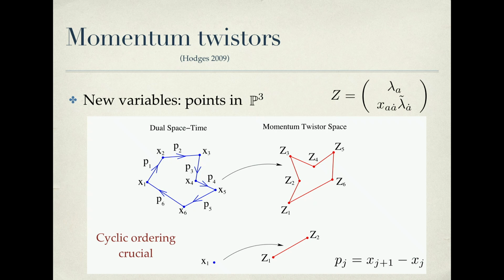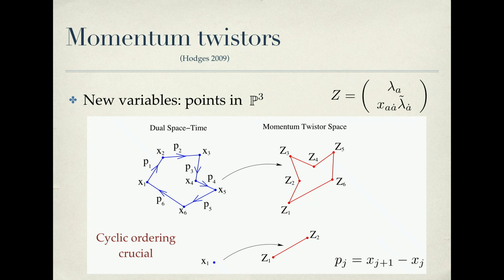And I can go from this picture to the so-called momentum twistor picture, when I take the same kinematical information and package it in a different way. So this is the precise definition. I take a 4-component vector where the first 2 components are the lambda spinor and the second 2 components are lambda tilde, multiplied with x, which is just the matrix representation of this vector x that we already had before.